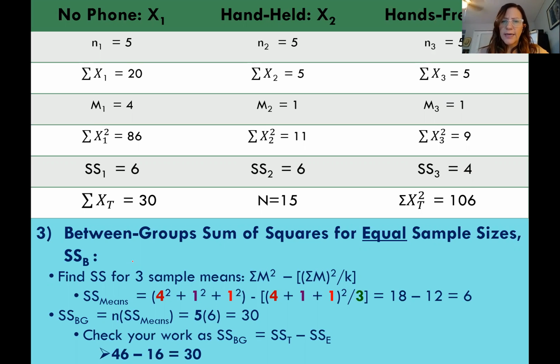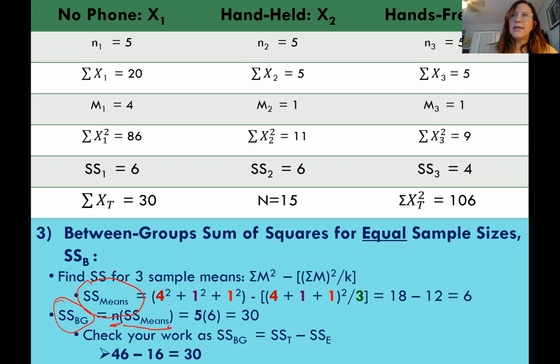So if you'll notice, we have this equation. It looks like this is SS means, right? But what we want to get is SS between groups, okay?